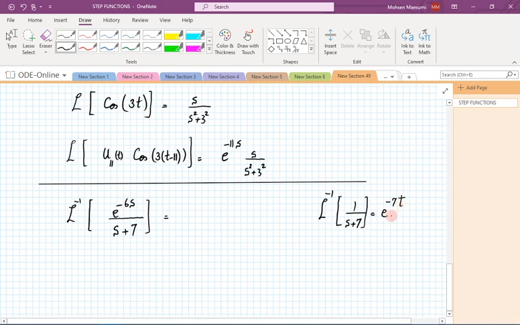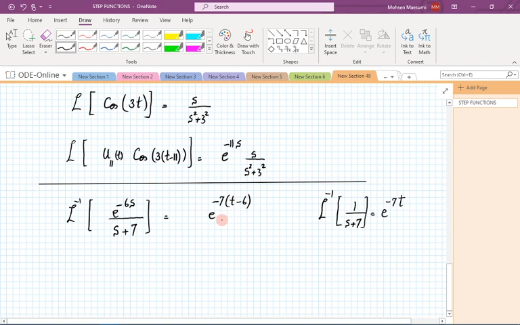Okay, next issue. How does this show up here? Remember that we have to take this function and delay it by these many seconds. So I'll have exponential of minus 7, and it's no longer just t, rather it's t minus 6.